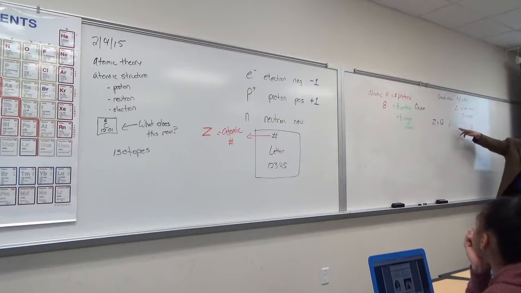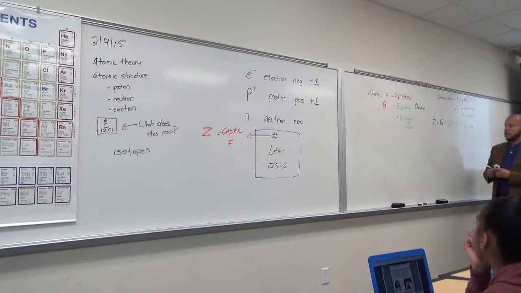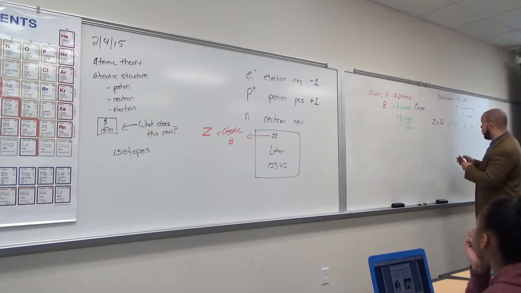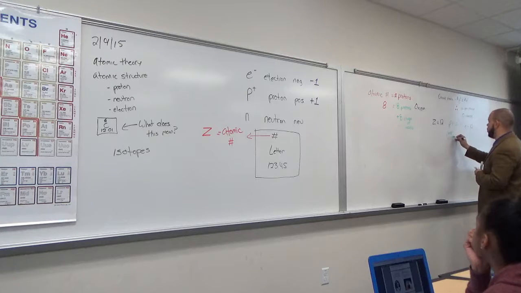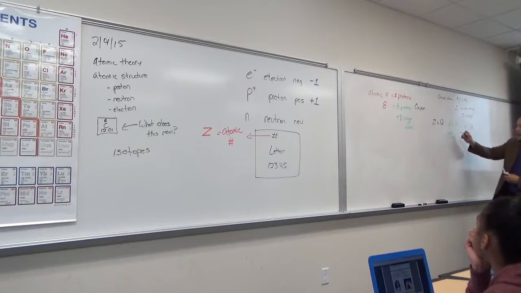Now, if I ask you the charge on the nucleus, the charge in the nucleus, you can say it either way, is equal to positive 12 or plus 12, and the charge of electrons, or charge outside the nucleus, is equal to negative 12.